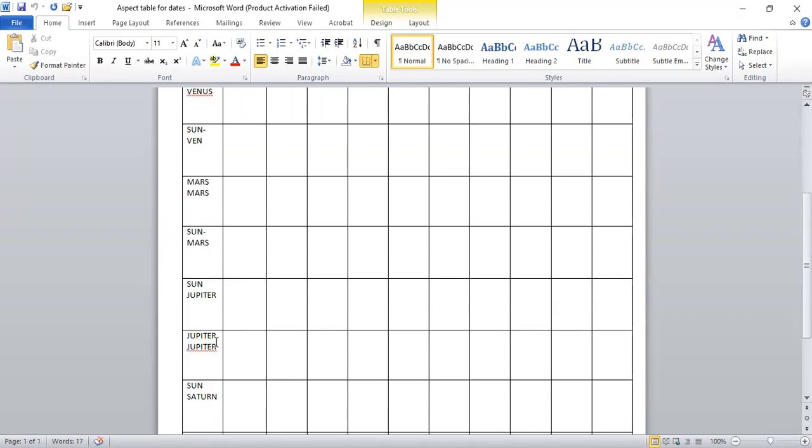And then further out, your Jupiter to Jupiter won't be as often because that's a longer cycle. It's a 12-year cycle, so when you get your Jupiter conjunction, it takes 12 years to go all the way around the zodiac. You want to take advantage of when it's trining, when you've got your Venus or your Jupiter trines.